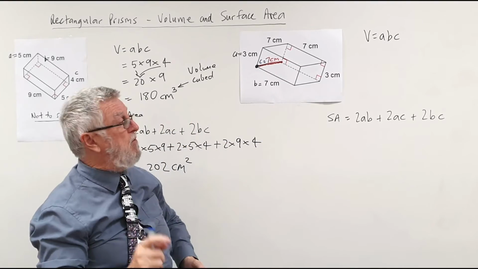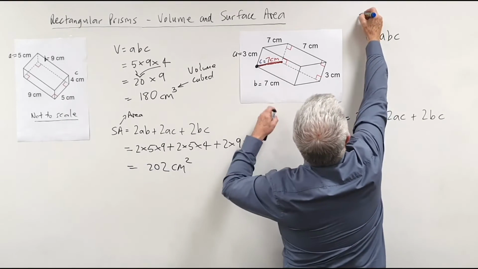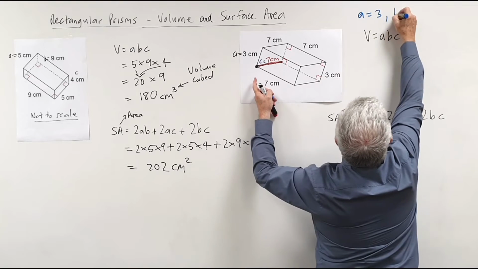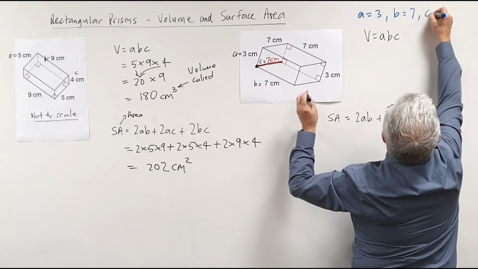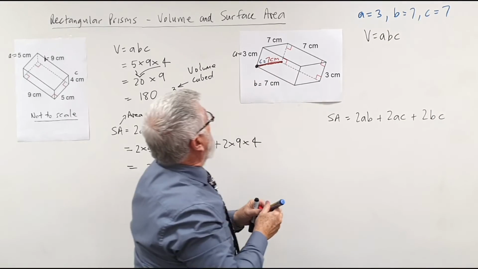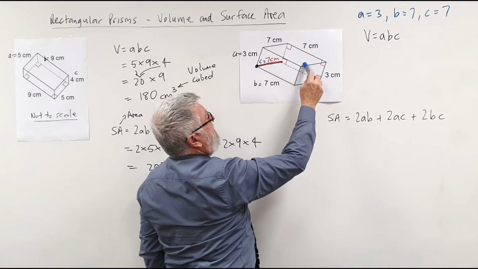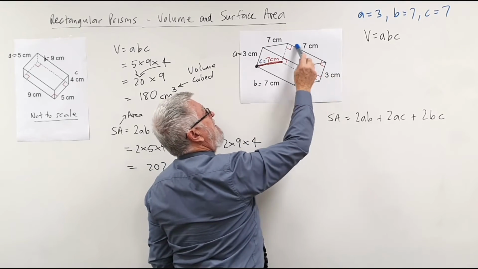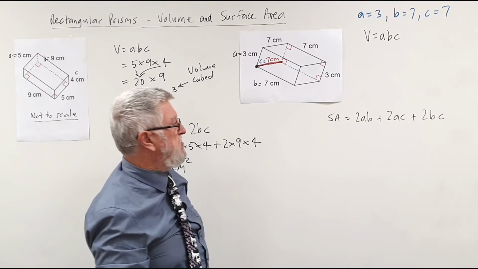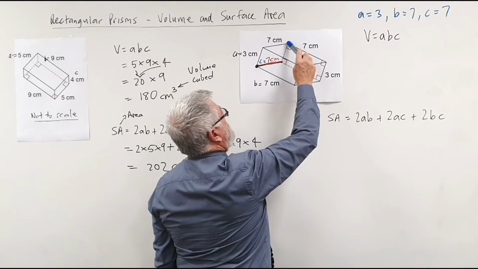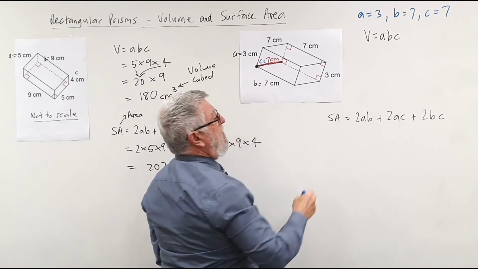So we're using 7 more often. So I'm going to write up here, we've got A equals 3, B equals 7, and C equals 7. All it means is that this part up the top here is actually a square. And it probably doesn't matter if you don't think of it as a square, but that's got the same numbers. So let's go for the volume.